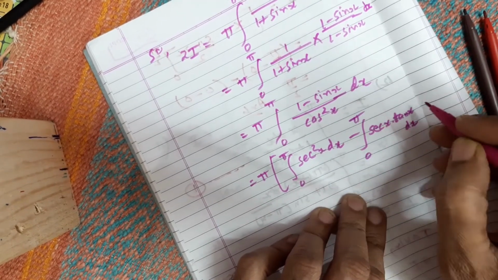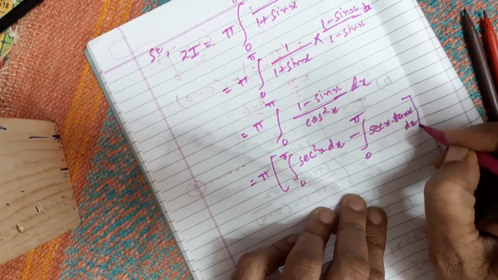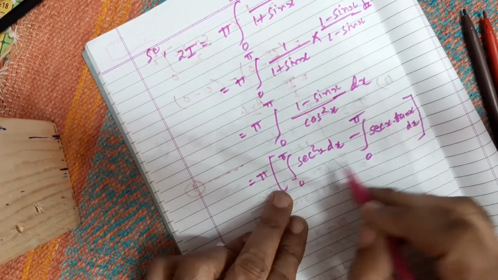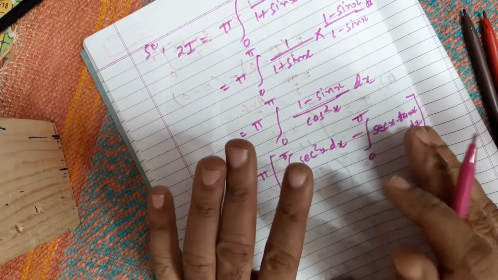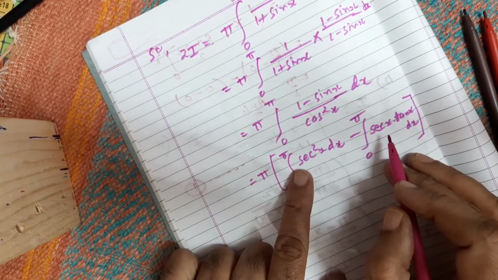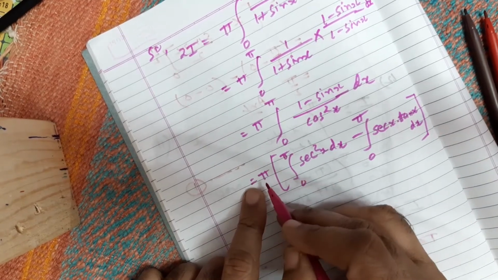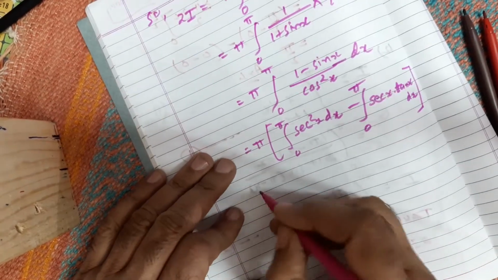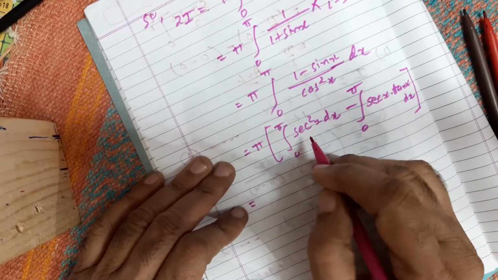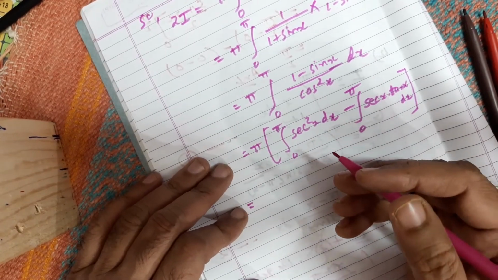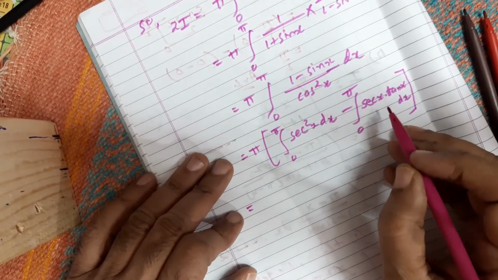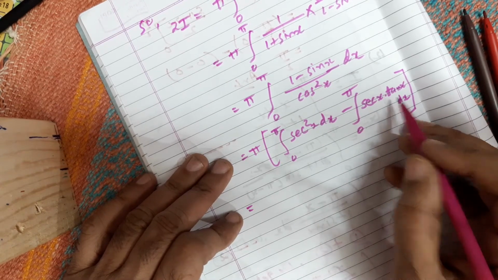And why did I give the integration separately? So that we exactly come to know which formula is applicable, and be careful to put the bracket because of the pi. Now integration of sec square x is tan x, and integration of sec x tan x is sec x.